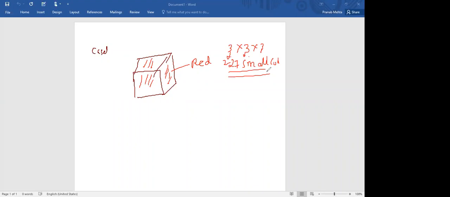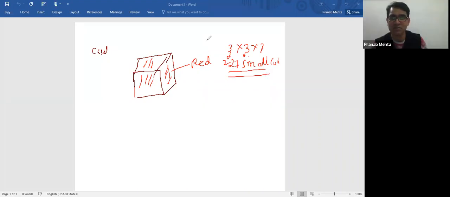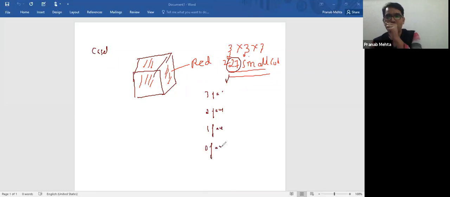Yes, sir. Now the question is, in these 27 small cubes, how many of the small cubes will have 3 faces painted? How many of them will have 2 faces painted, 1 face painted and 0 face painted? I'll repeat it once again.